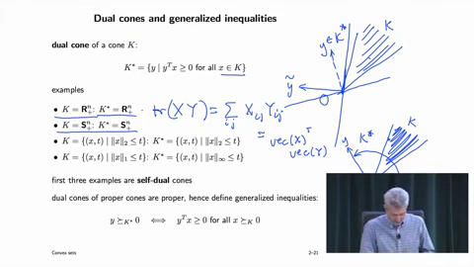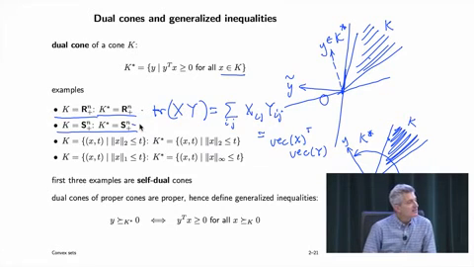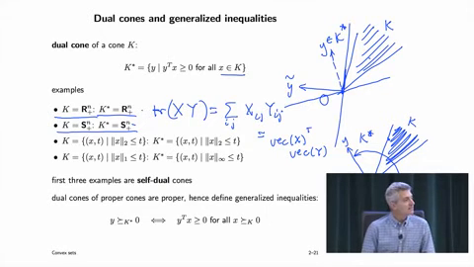Okay, so that's the standard inner product on symmetric matrices, and this is less obvious. This is self-dual. It says that a matrix is positive semi-definite if and only if its trace against all positive semi-definite matrices is non-negative. So that's what this is saying.